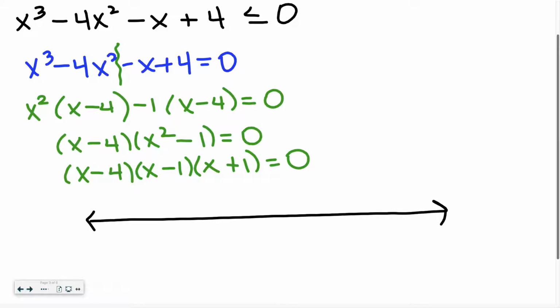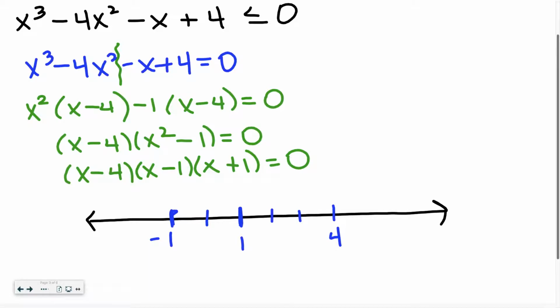Okay, so here is my number line. Where did we find zeros? We found zeros at -1, +1, and 4. So this is just a number line where I plotted my x-intercepts.